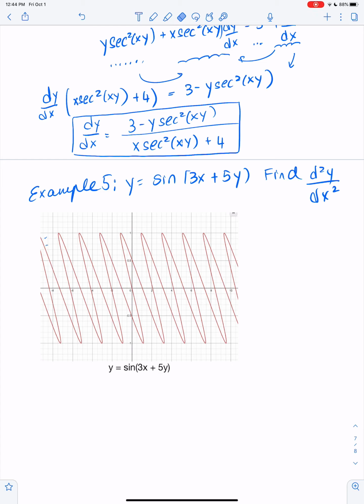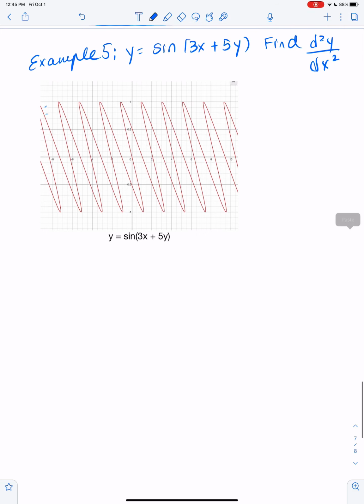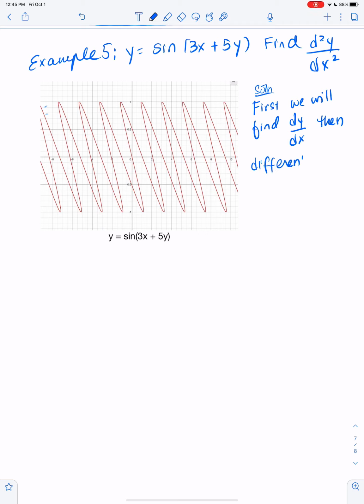First you'll find dy dx, and then you'll take that and differentiate it again with respect to x. And then there's one little final thing we'll need to do in the answer, but we'll talk about that when we come to it.